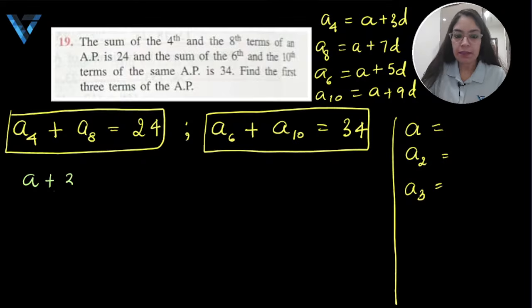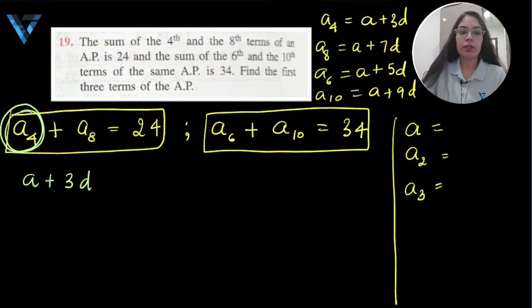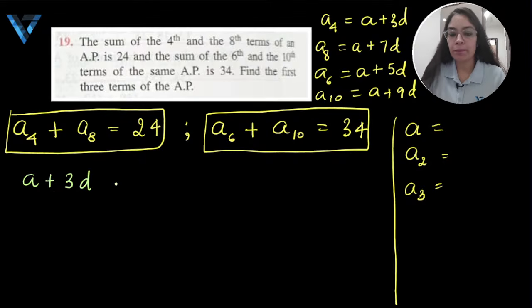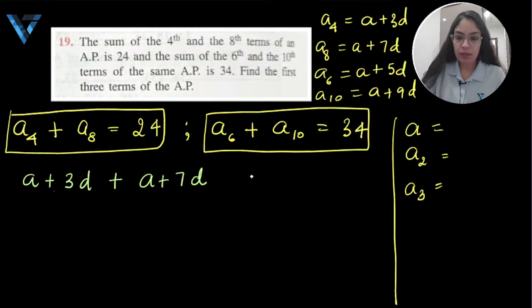So at A4's place I have written A plus 3D, using the AN formula. Then A8: this is the fourth term A plus 3D, the eighth term A plus 7D, and this equals 24.